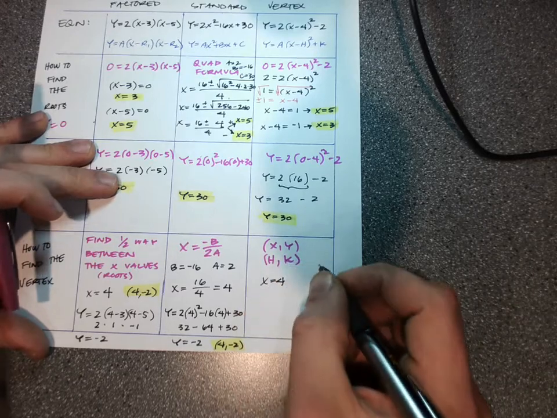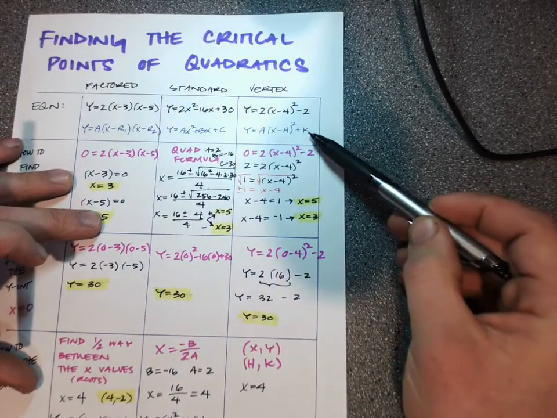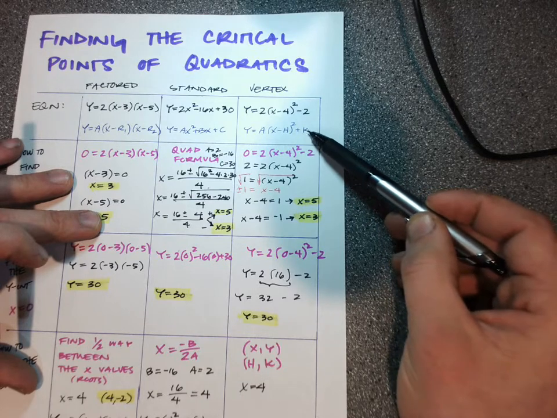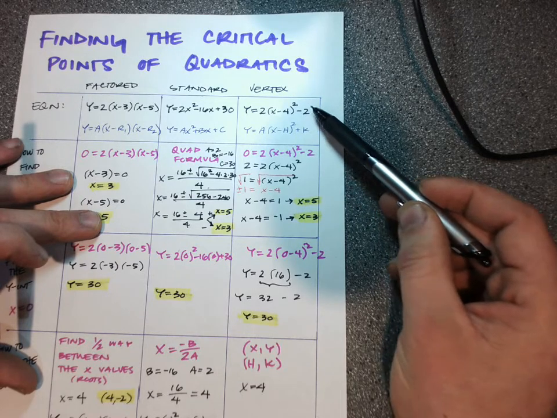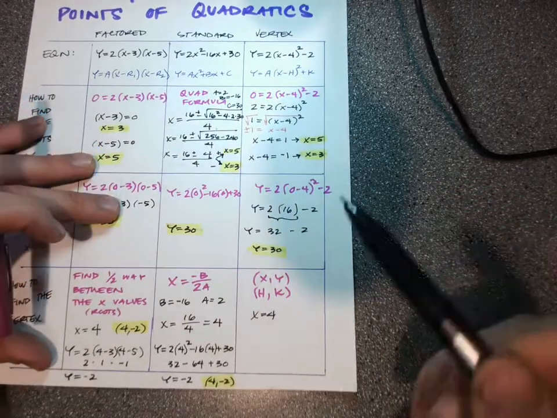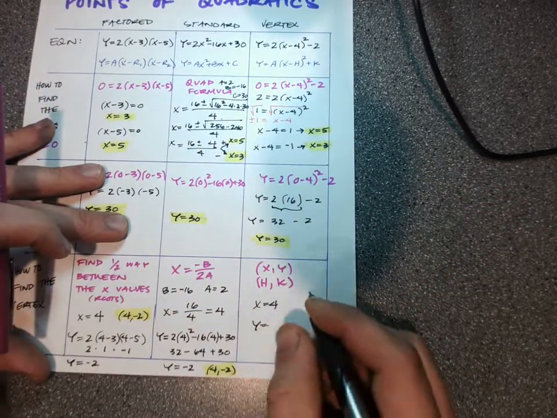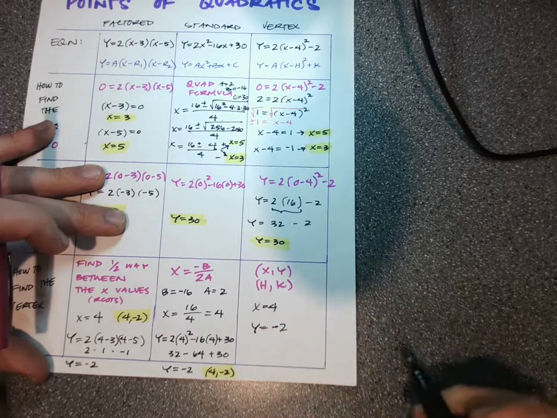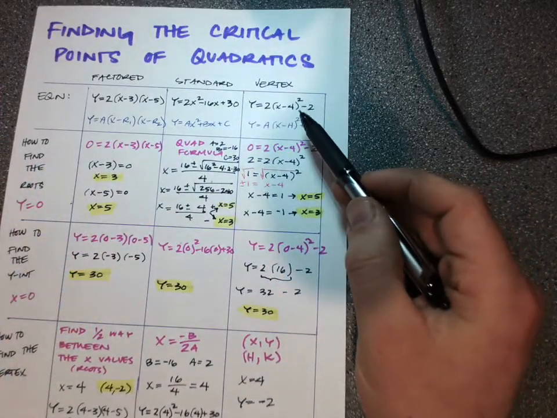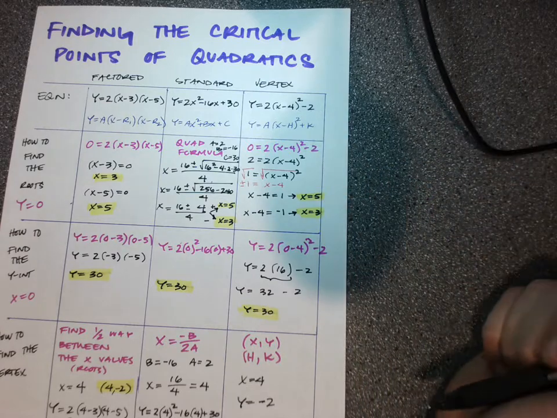X equals 4, and then y is the k, but it's supposed to be plus here in the format of vertex form, but we have a minus, so think of that as plus a negative. So y equals negative 2, because of the negative 2, it'd be like plus negative 2.